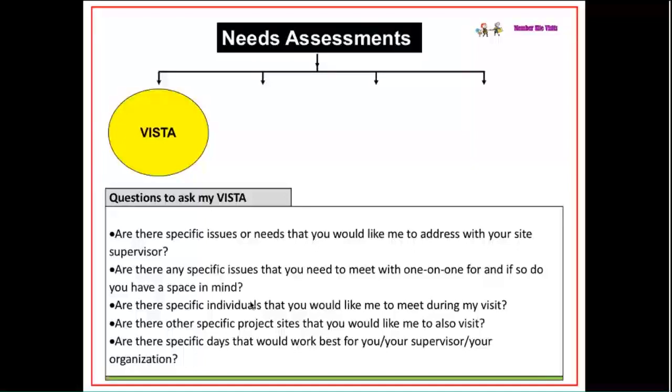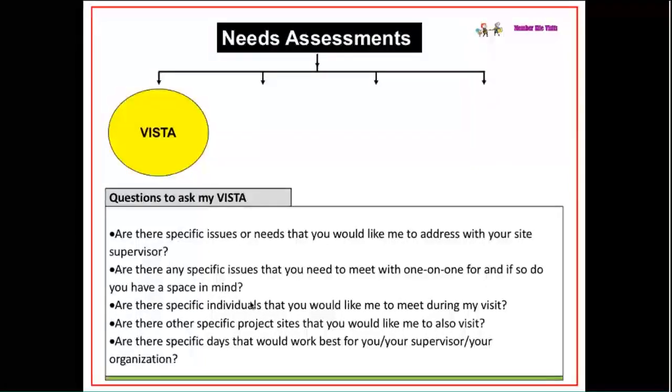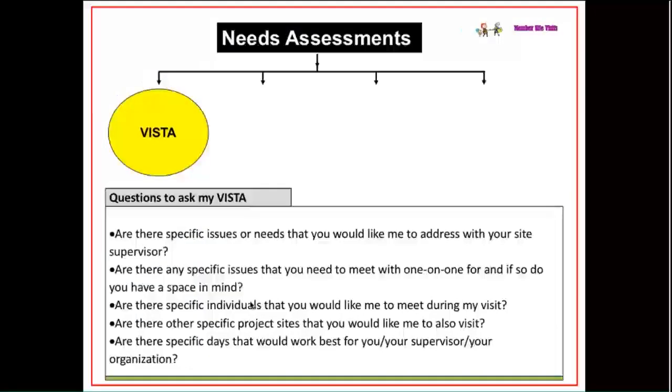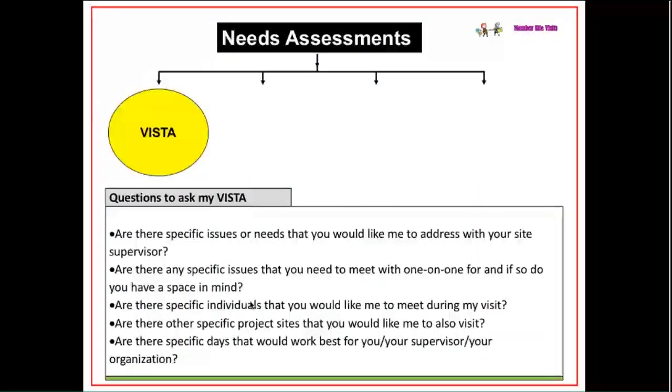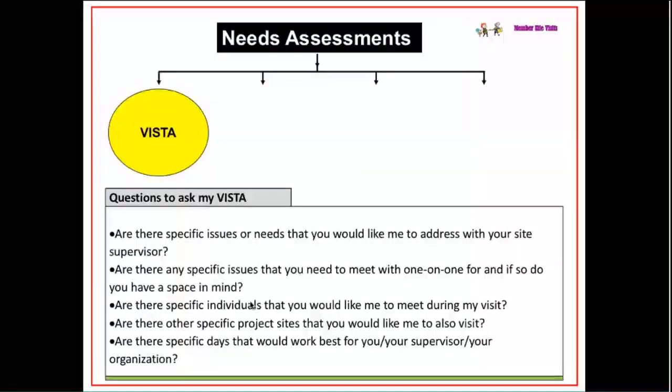So a few other questions. These were already said, right? Are there specific issues or needs that you would like me to address with your supervisor when I'm there? Anything that you need to meet with me one-on-one about, or anybody that you would like me to visit while I am there?